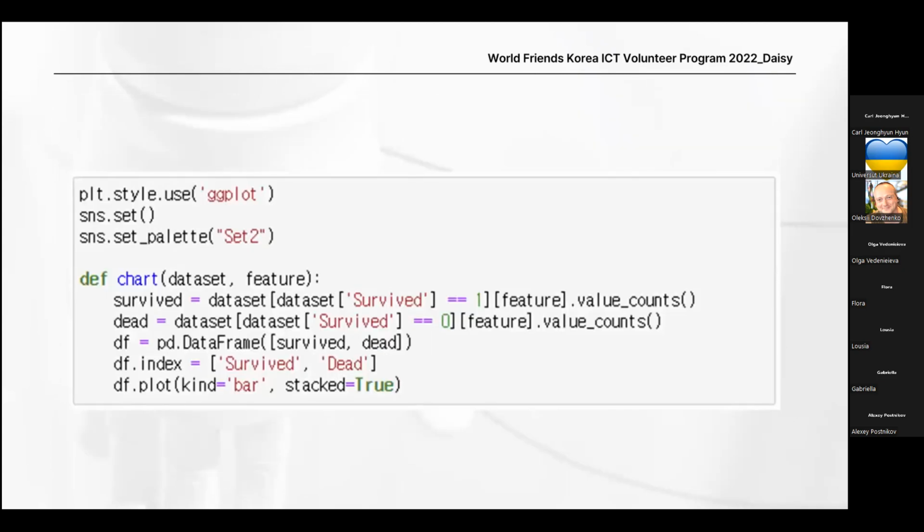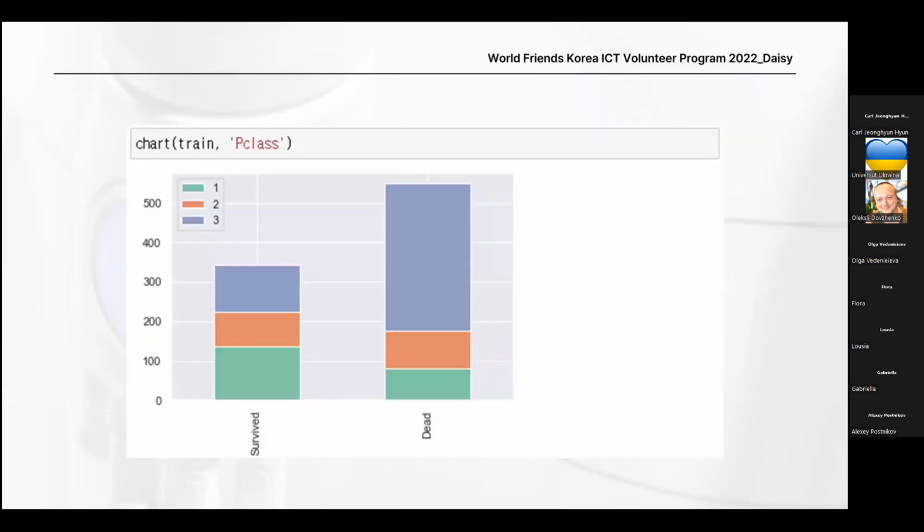Now, let's visualize it and analyze it by attributes. To facilitate analysis, I've created a function. Each attribute is passed as an argument to draw a chart accordingly. First, let's look at Pclass. If you look at it, the passengers in first class had more survivors than those who died, and second class seems to have a survival rate of about 50%.